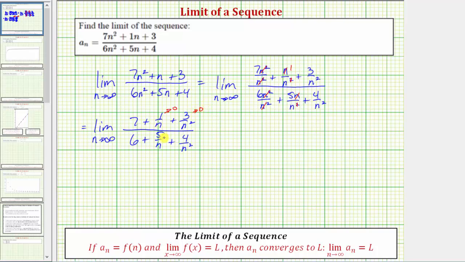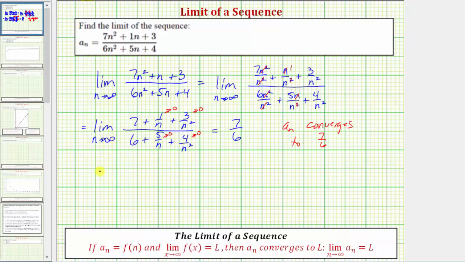And again, the 7 and 6 are not affected by n, and therefore the limit is equal to 7/6, which means a sub n converges to 7/6. This means as we generate more and more terms in the sequence using this formula, the terms approach a value of 7/6. Before we look at this graphically, let's determine this limit again using the shortcut method.